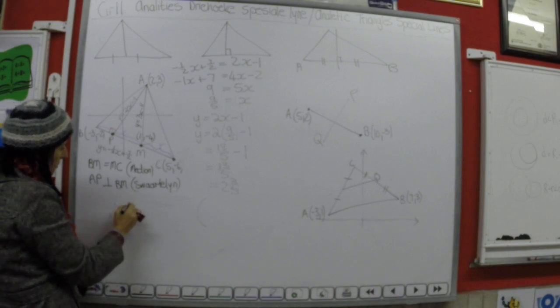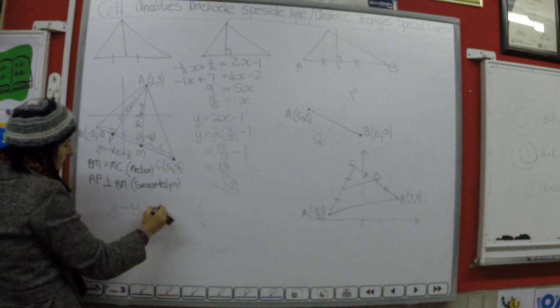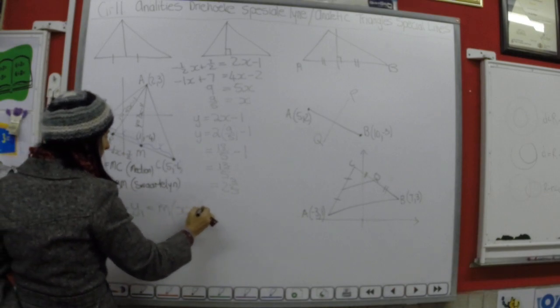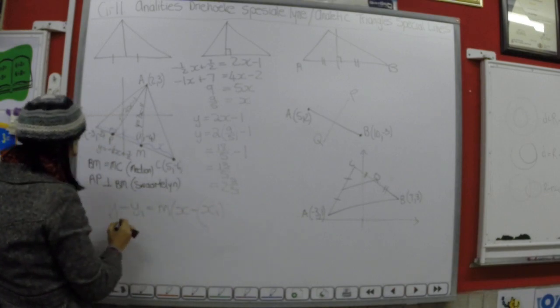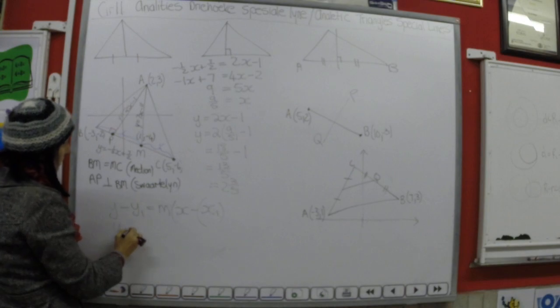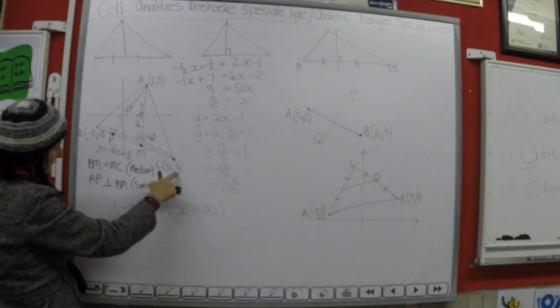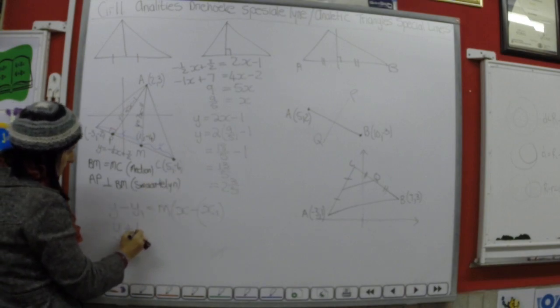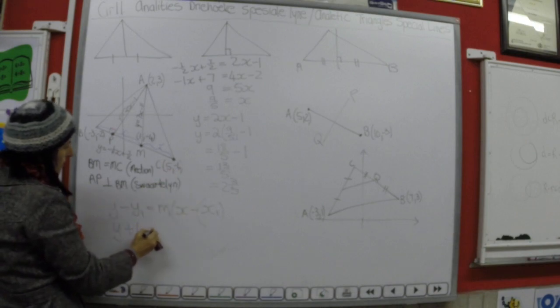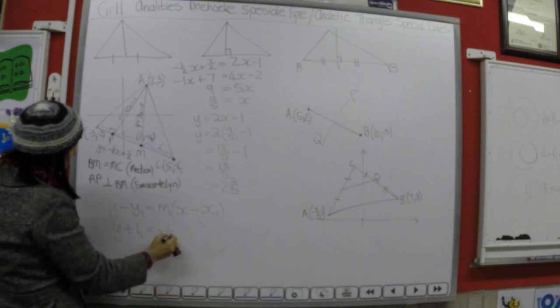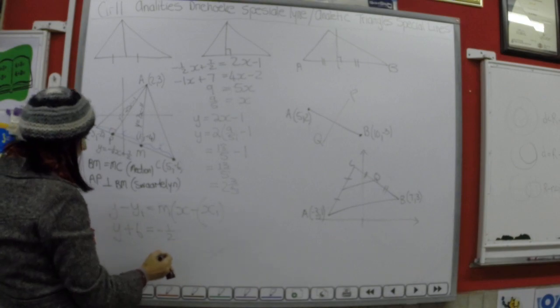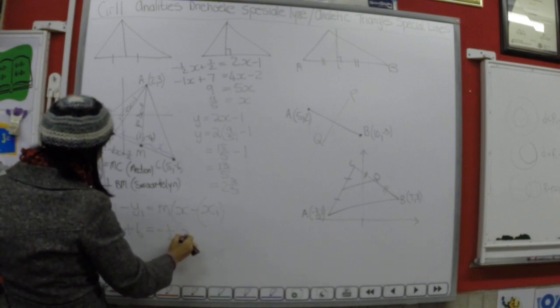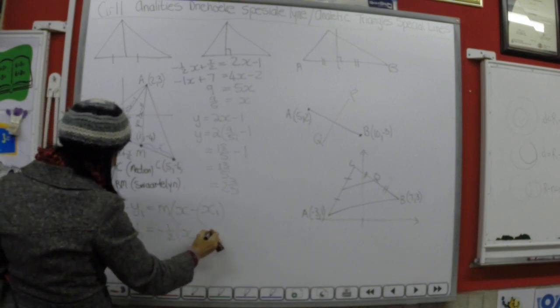Ek het daar fout gemaak. y minus y1 is gelyk aan m x minus x1. We've got y minus, ons het 'n 5, so dit word plus 6. That's my y value. Dan het ons minus 'n half. En dan het ons die x waarde is gelyk aan 5.